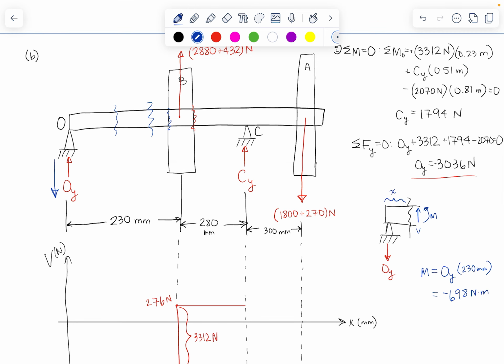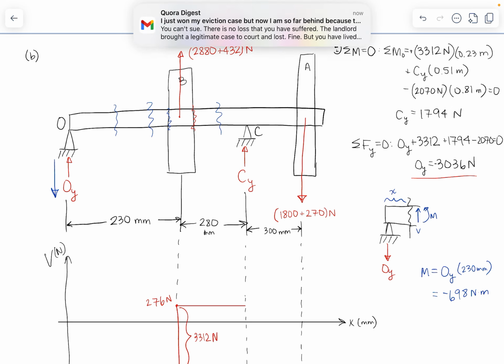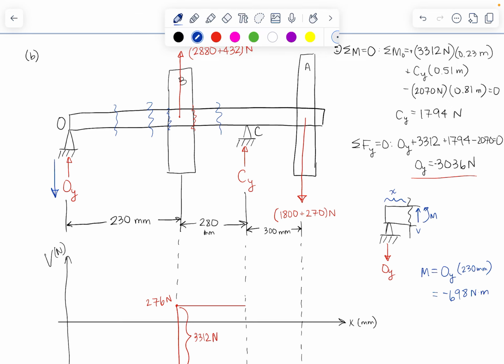So if I were to take a cut here, say, now I have my moment caused by OY, which is acting at a distance of 230 millimeters plus the distance from B to wherever I'm taking my cut. And I have a moment caused by the 3,312 newtons from pulley B acting at that distance between B and wherever I'm taking my cut.